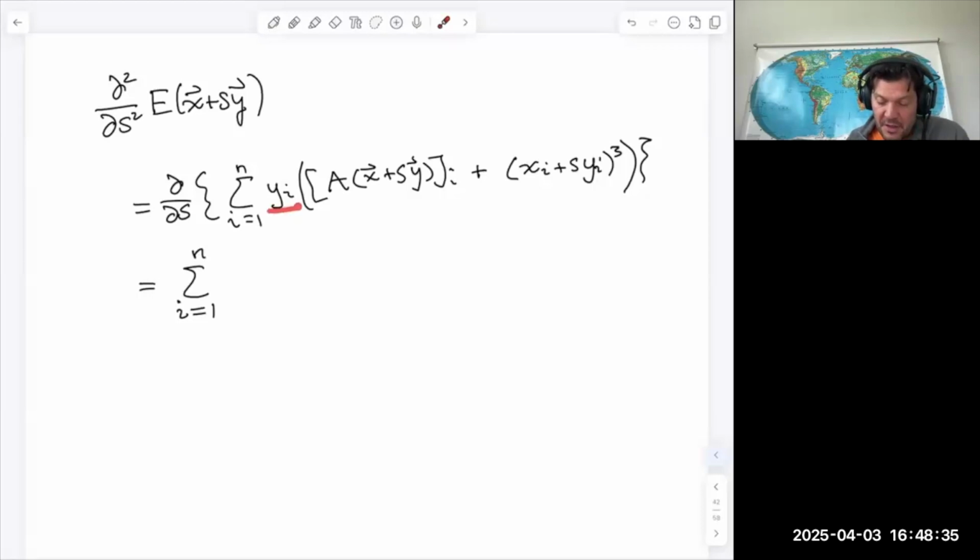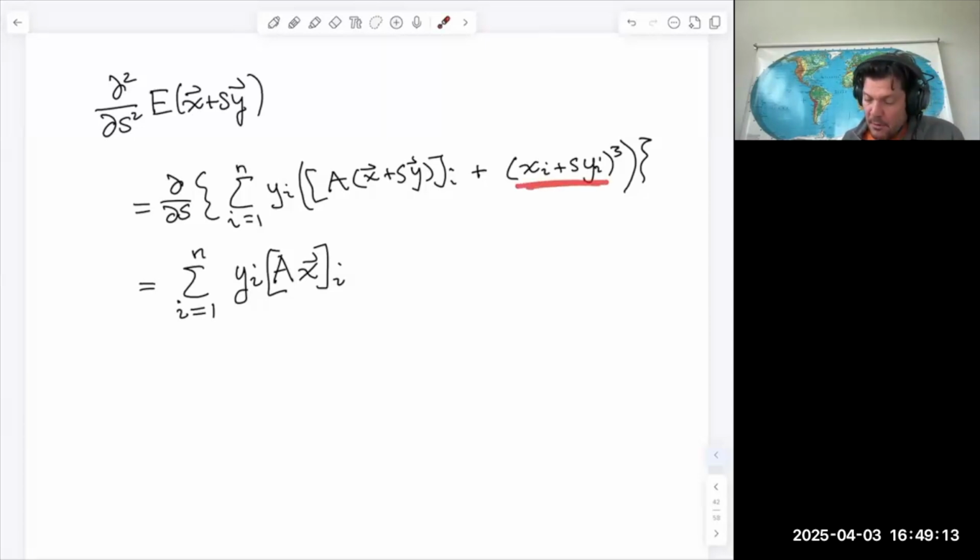It sees something which is constant with respect to s, and it doesn't care about anything that has to do with s until it sees this term right here. Let me shorten the calculation a little bit. It's going to be this. Now what's the next one?